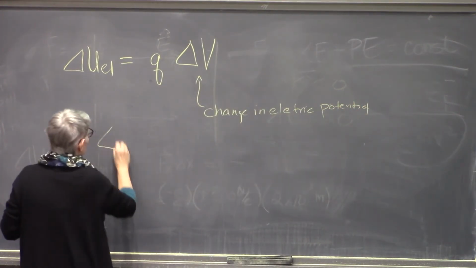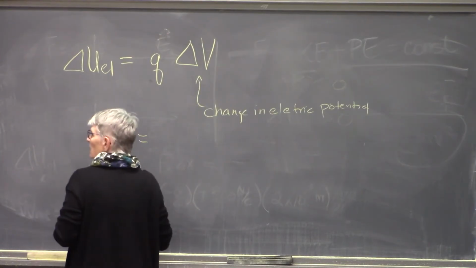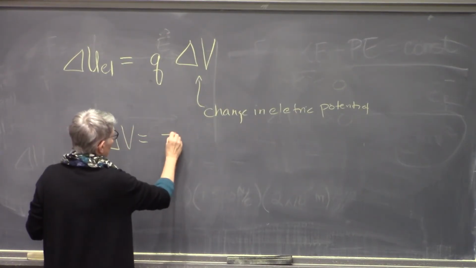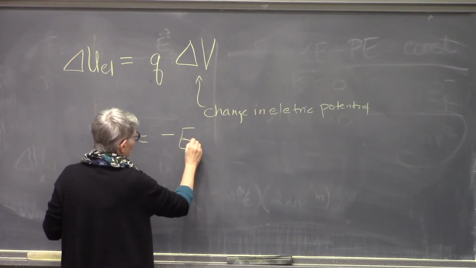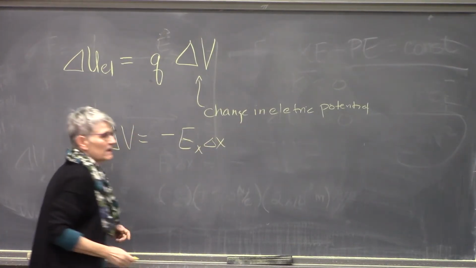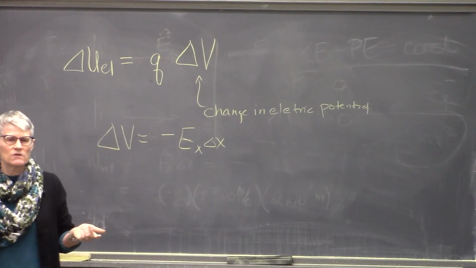And we seem to have a definition of delta V, which is a minus E sub x delta x, but we just happen to have a one-dimensional situation.